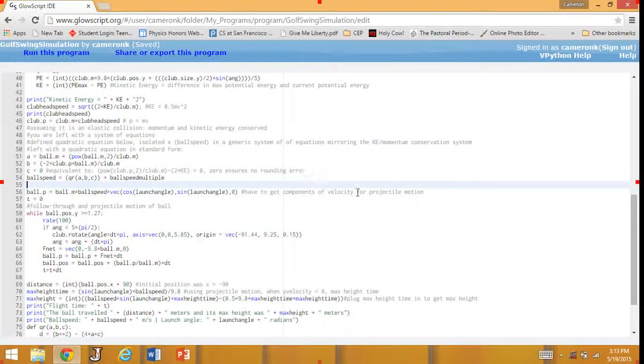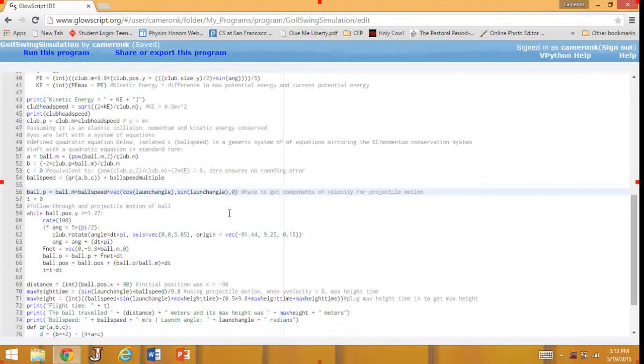So then I established the momentum of the ball, which is very important for the code of the projectile motion. The momentum is mass times velocity. So we have the velocity and the mass, but as we're doing projectile motion, you have to get the components of the velocity.